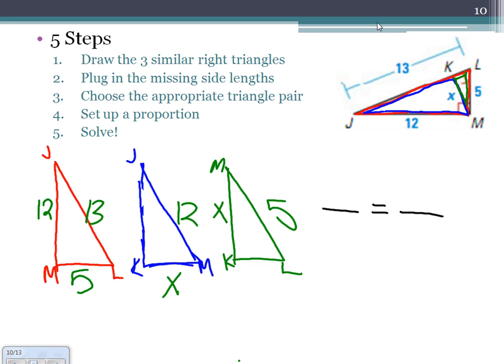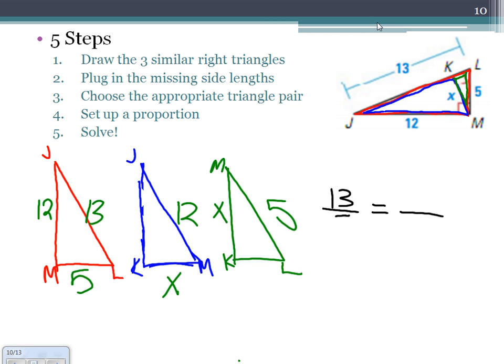Mauricio said that there was a complete set of hypotenuses, and then there was a complete set of bases, the lower sides. If you look at the green ones, we have the hypotenuses, and the red one has the left side. So can you write a proportion?